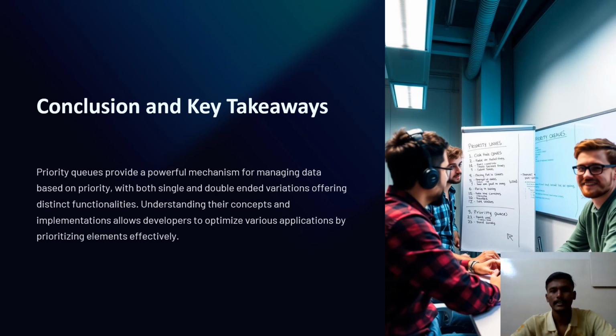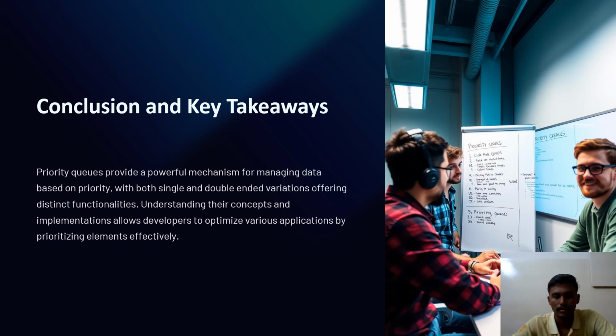Conclusion and key takeaways. Priority queues provide a powerful mechanism for managing data based on priority, with both single and double-ended variations offering distinct functionalities. Understanding their concepts and implementation allows developers to optimize various applications, prioritizing elements effectively.